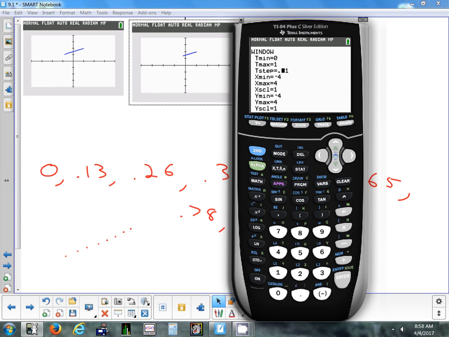So how many points are there between 0 and 1 if you go by hundredths? 100, right? 0.01, 0.02, well, 101. I always get confused with that. But it's basically going to graph 100 different points, so it's going to draw a lot slower. And if you go too small, then it's going to take forever.